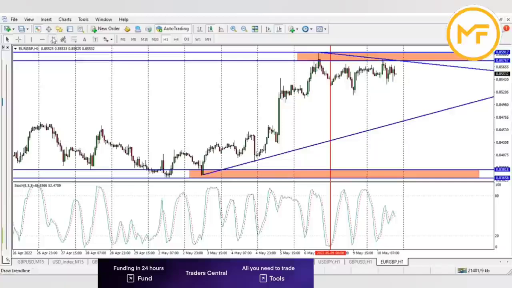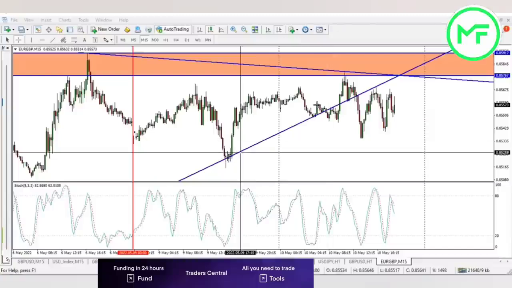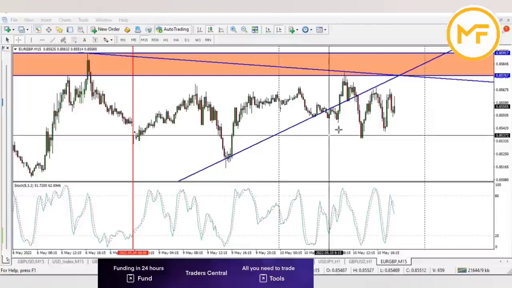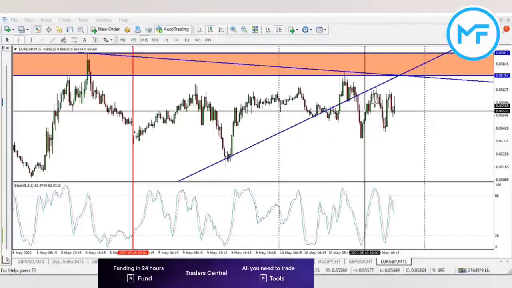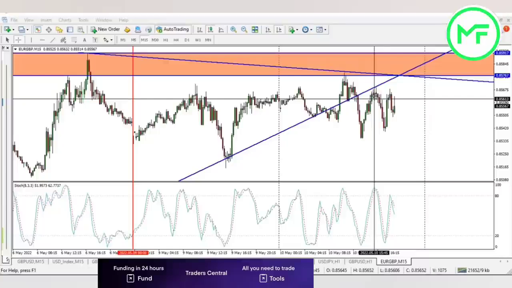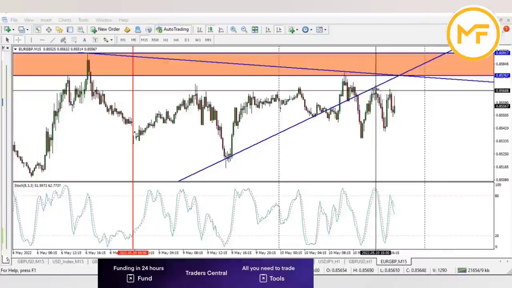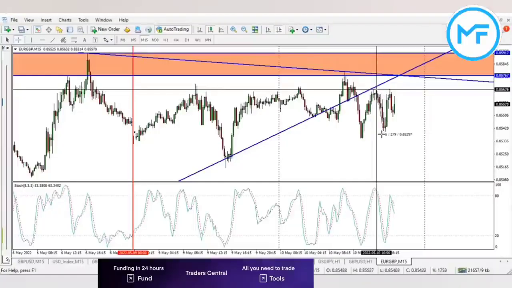So if you want to scalp, right, you can still have another one here, which is like this, for a quick scalp. After the market broke this one, it comes back right here. You sell, right? Quick one, 20, 30 pips, you close.